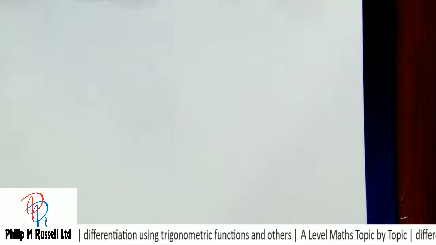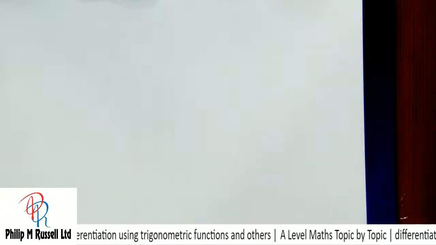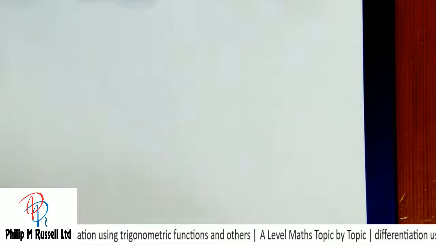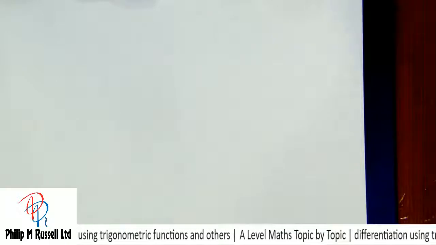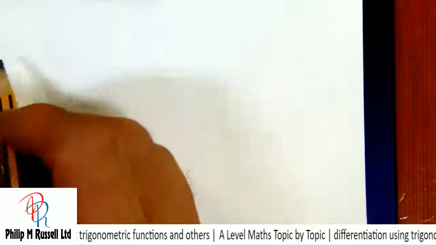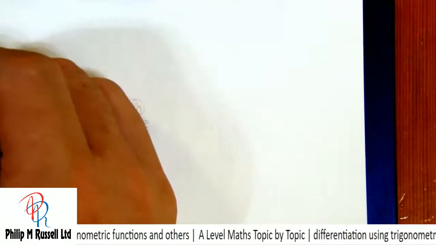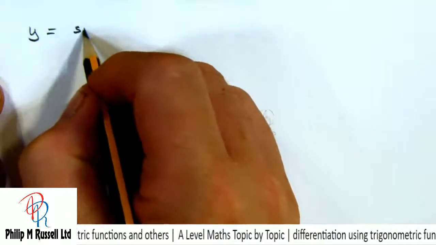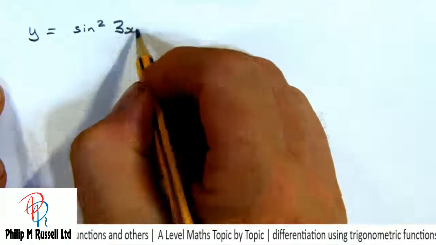It can be a bit more difficult to try and do some of these, so let's just try differentiating something nasty. I'll try a couple of these. So let's have y equals, how about, sine squared 3x.